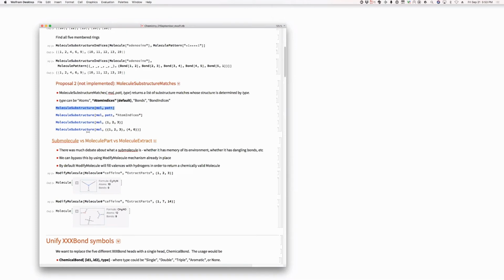If there's a single one that matches, this isn't very exciting. If you give a literal for Pat here, this is just going to return itself, assuming Pat is found within mol. Actually, it's not just going to return Pat. It's going to return Pat as a molecule.